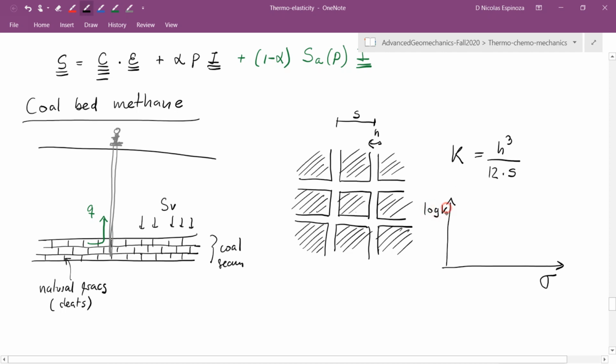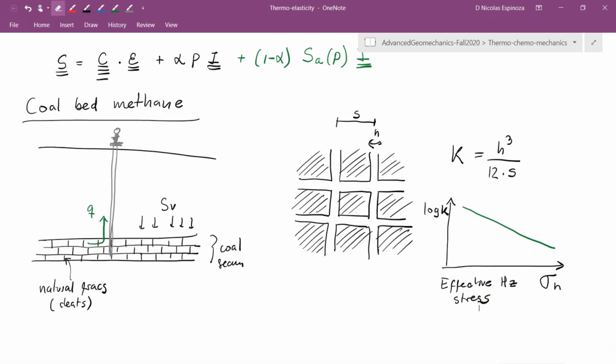And usually these plots are done in terms of the logarithm of permeability with stress, and the logarithm of permeability decreases more or less linearly with stress. In this case, we're going to be interested mostly in the horizontal stress. And let me add here the title. This is effective horizontal stress.